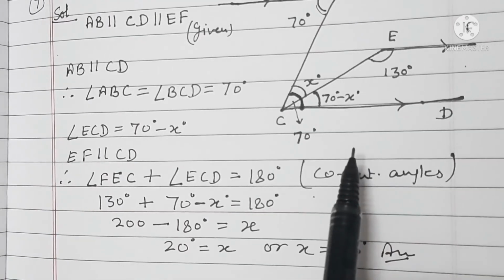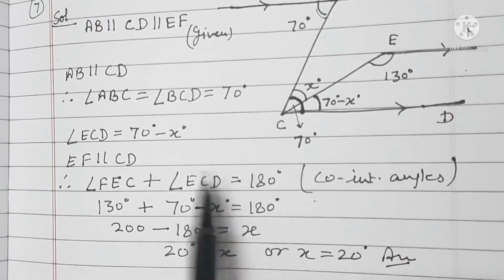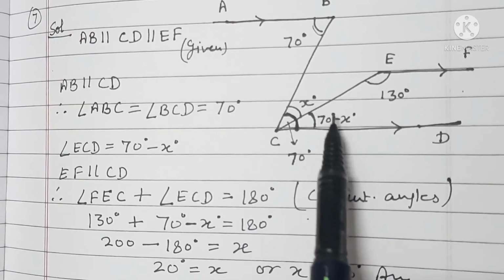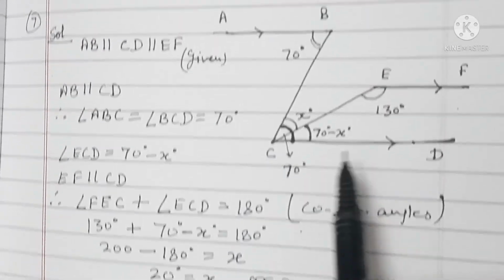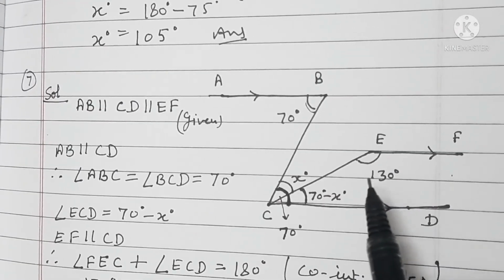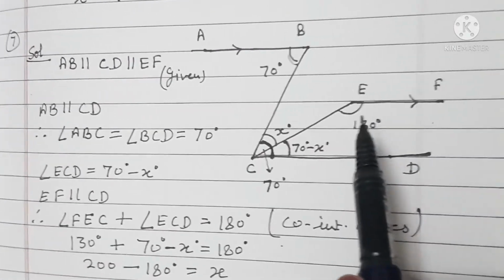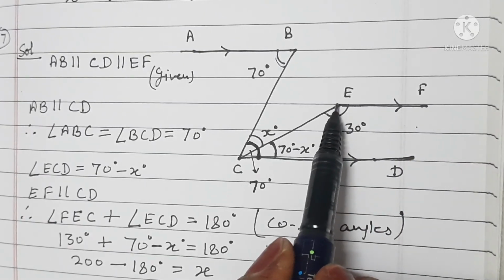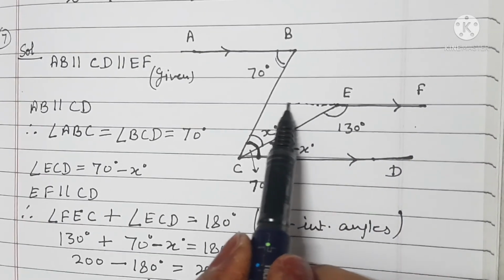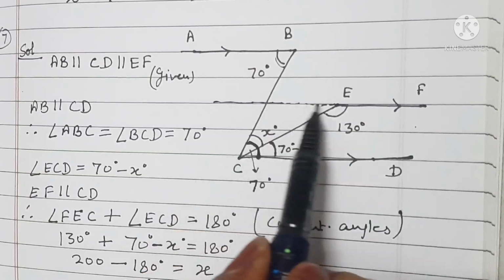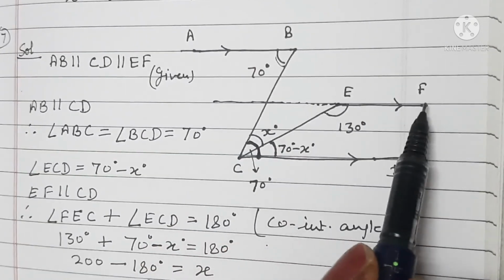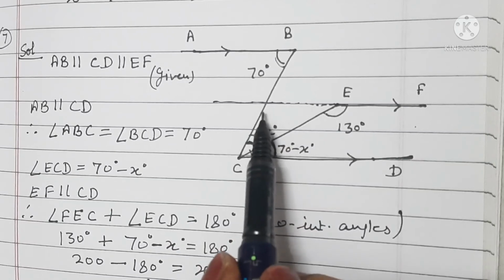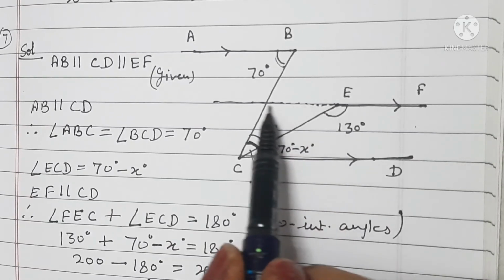Here you can use another way; it is not necessary to use the same method. And what is the other method? See, EF you can extend like this in this direction. Now see, here a triangle is formed.